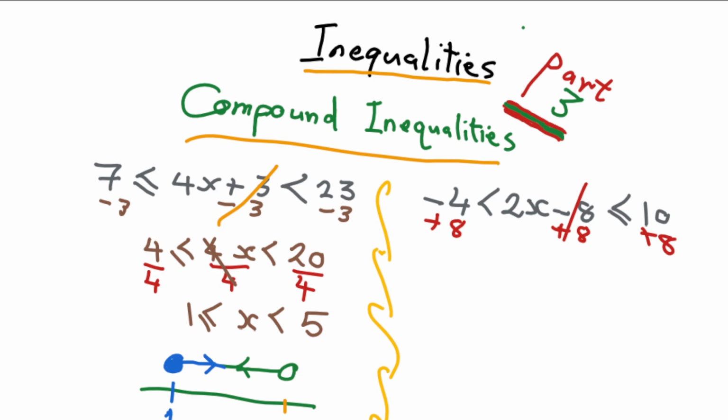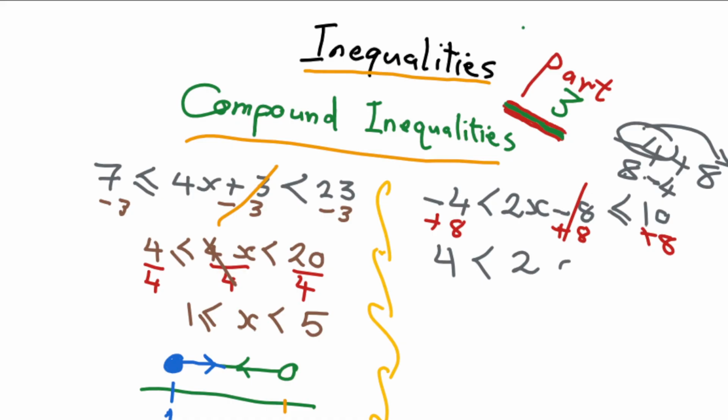So on the left side, we have minus 4 plus 8. This is just like 8 minus 4. So you can bring the negative after here. So you can do 8 minus 4. So it's just 4. It's less than 2x only because the 8 is gone. It's less than or equals to 10 plus 8 is 18.